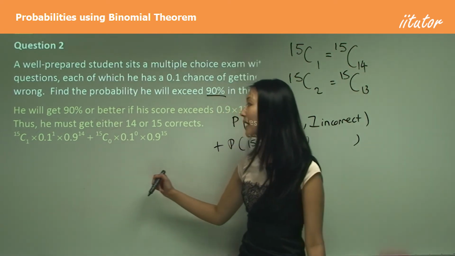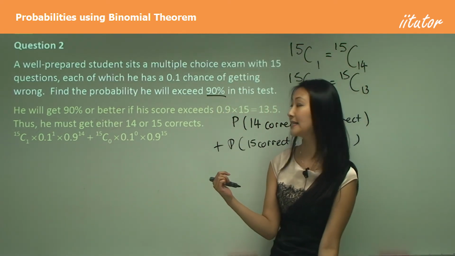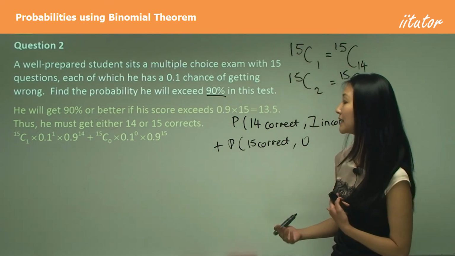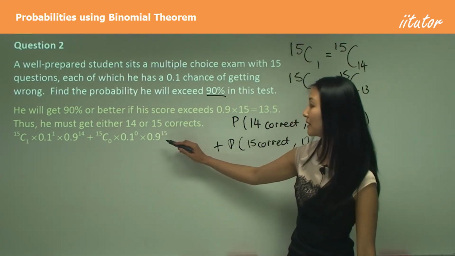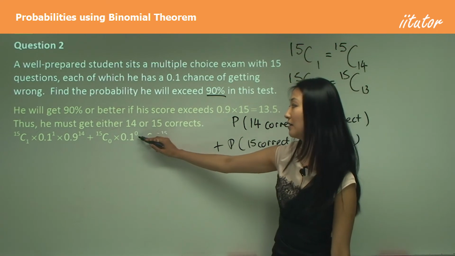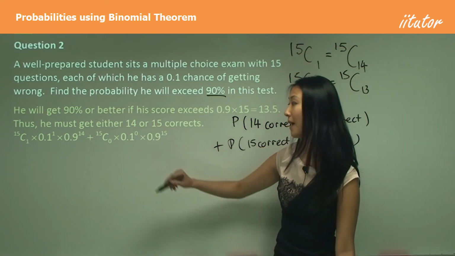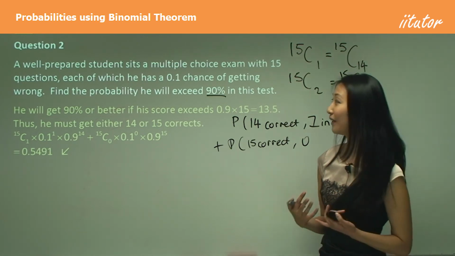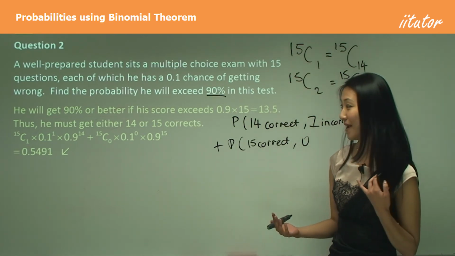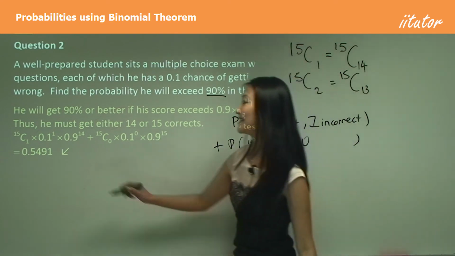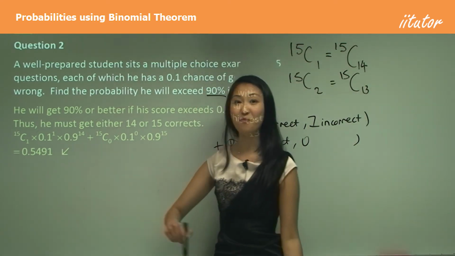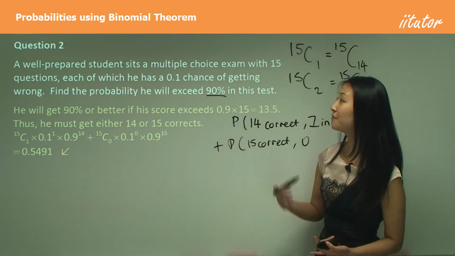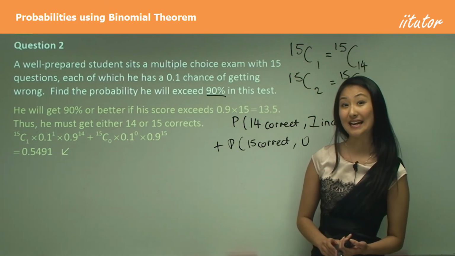Now here we have 15C0, so this is him getting it all correct. So 0.9 chance he's going to get it correct, power of 15, and there's nothing that he gets wrong, so power of 0. Let's work them out separately, add them together, and we work out that this very well prepared student actually has a 0.5491 probability of getting more than 90% in this exam.